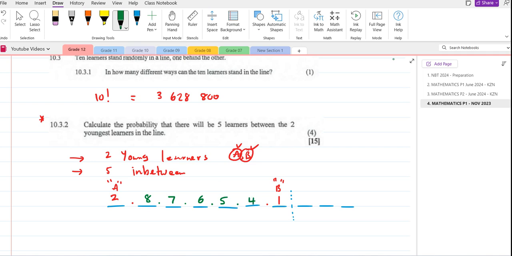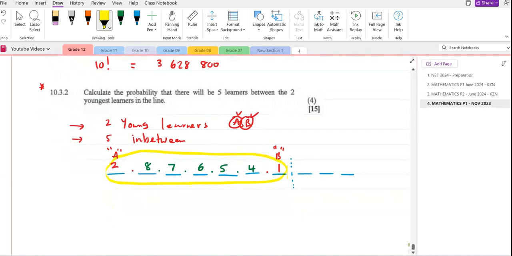But now I've got 10 positions to occupy, so we can group this entire thing, counting principle method, as one entity and move them around. 1, 2, 3, right? So they can be in different positions as well. So that's 1, 2, 3, 4.